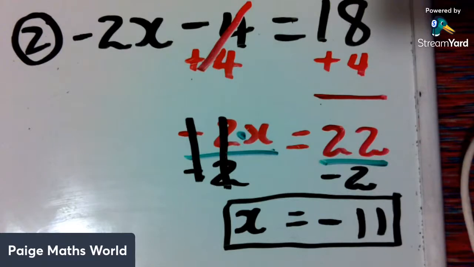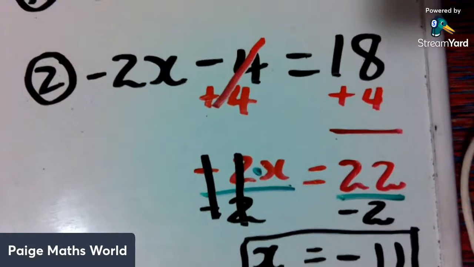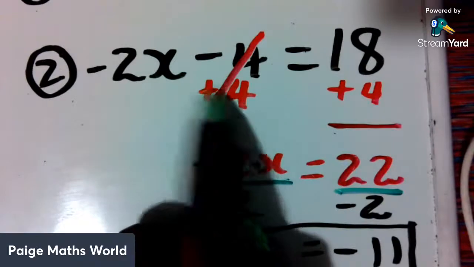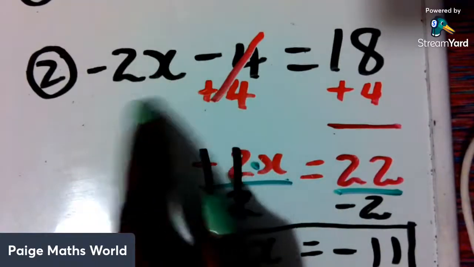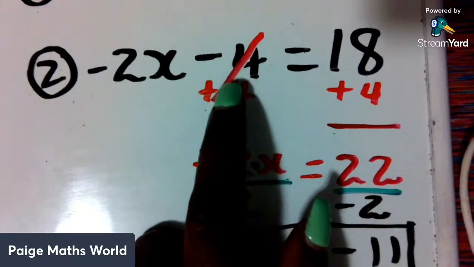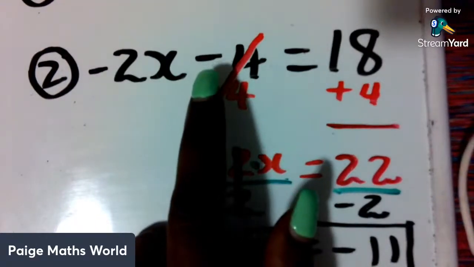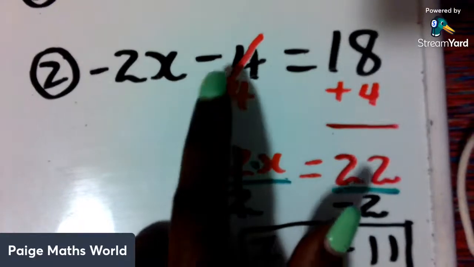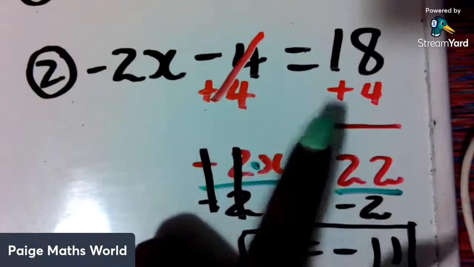Okay, good. Got you. So I'm going to repeat just for those persons who never get it. So remember, again, guys, first thing, we have a house with the husband and wife. The bodyguard is on the outside. We have to get rid of the bodyguard. It's a negative. The opposite of negative that we're going to operate with now is positive. So if it's a negative 4, we're going to be adding 4 to both sides.